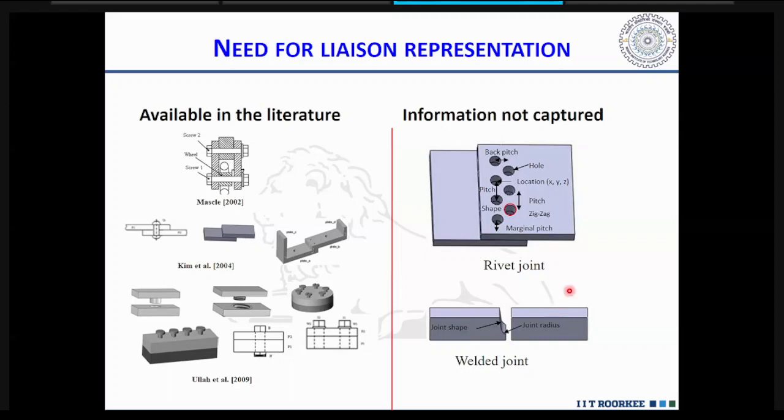Many times people ask us, since all this information has been worked on, why are new frameworks or new information models required? To answer that, this information is not captured in a way that can be linked to the assembly process.